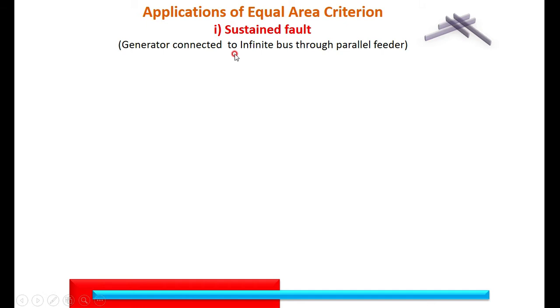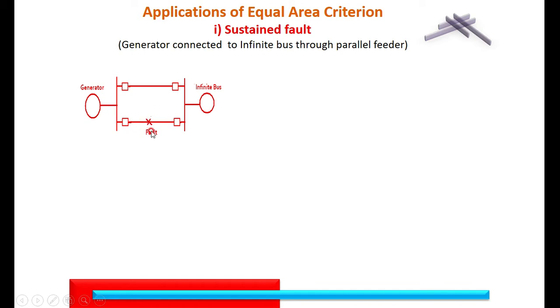Based on the equal area criteria, we have to check whether the system is stable or not for this particular case. The system is shown here, that is the generator is connected to an infinite bus through the parallel feeder. There are two feeders, connected in parallel.